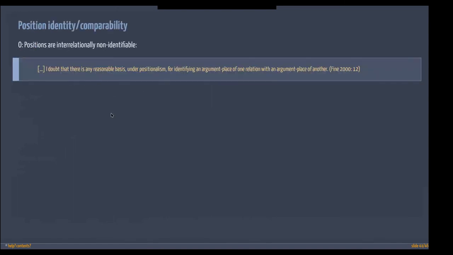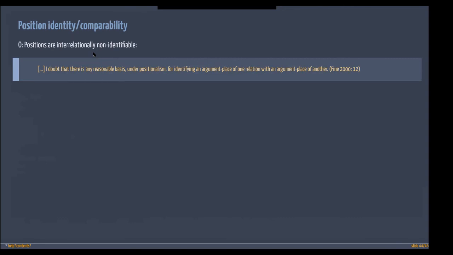Another objection would be to say, well, it makes no sense to identify positions among relations. So positions are interrelationally non-identifiable. And one reason for holding this could be, well, if positions could be identified interrelationally, then there is this possibility of having converse relations within the positionalist realm.